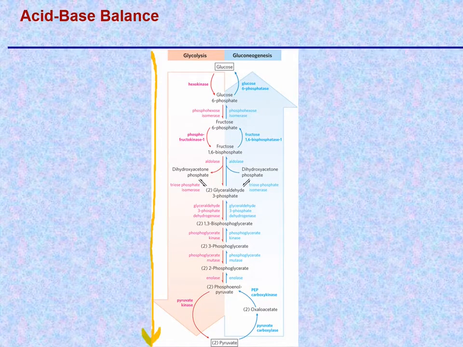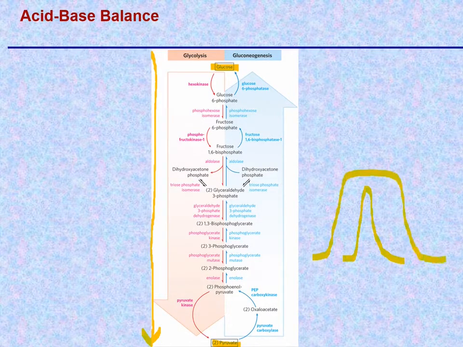This is a 10-step metabolic pathway converting glucose into 2 pyruvates, and each step is catalyzed by a unique enzyme, and some enzymes are more pH sensitive. In other words, they have a much narrower optimal range of activity than a different one, which might stretch out quite a bit wider.